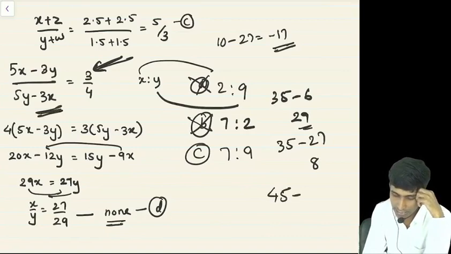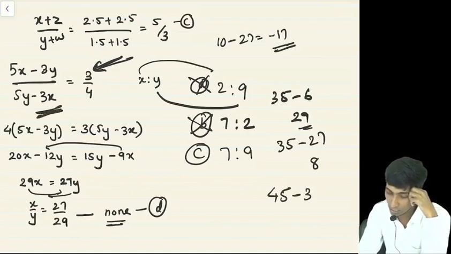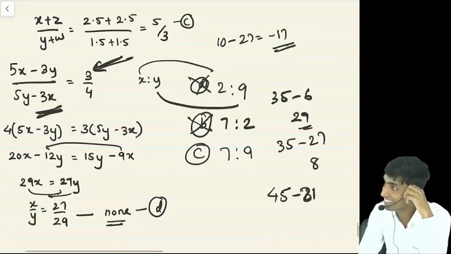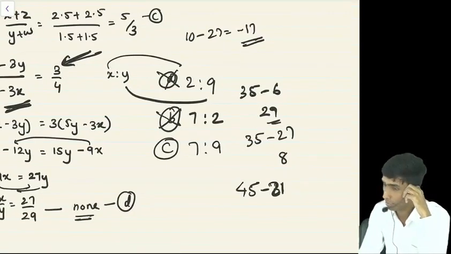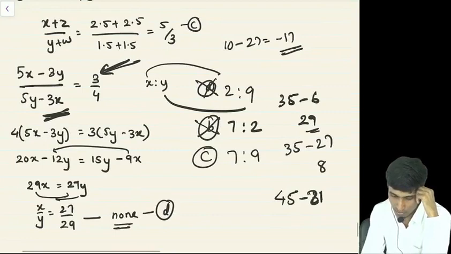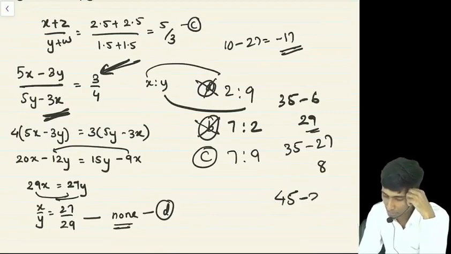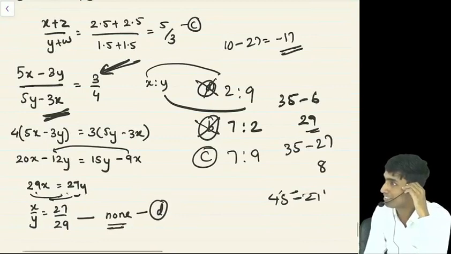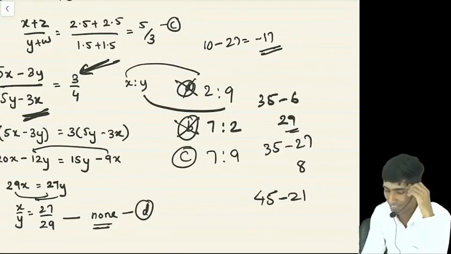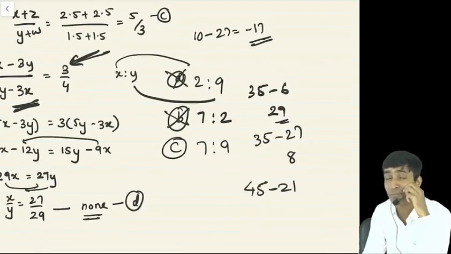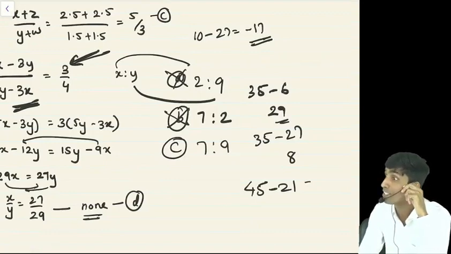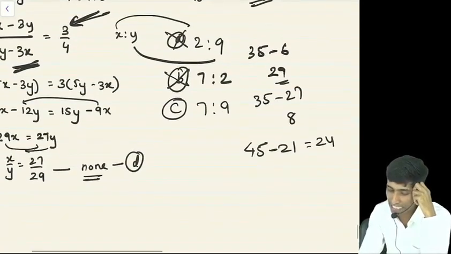Minus 3 into 7, how much? 21. 3 7s are 21. Sorry, don't feel bad. 45 minus 21, how much? 24. Check. 8 by 24.